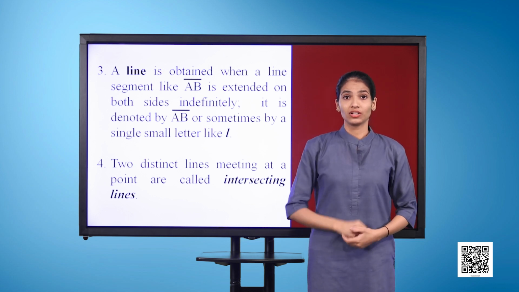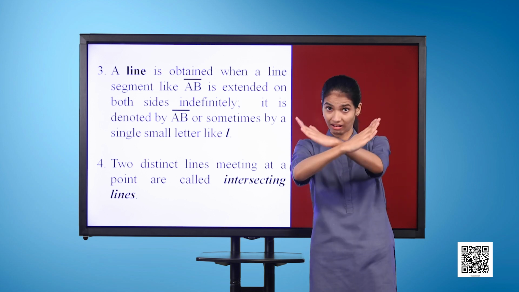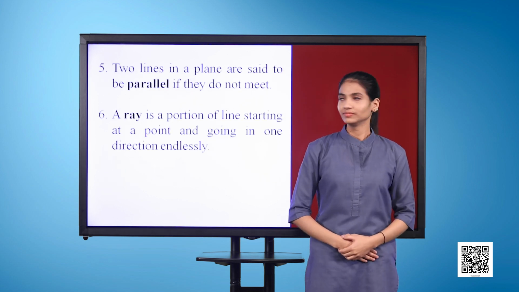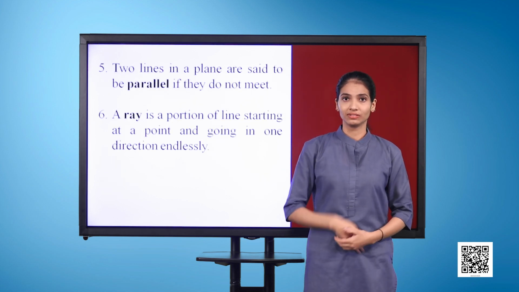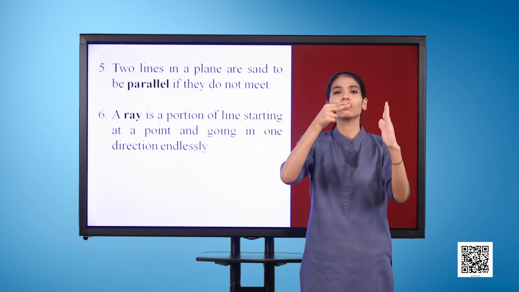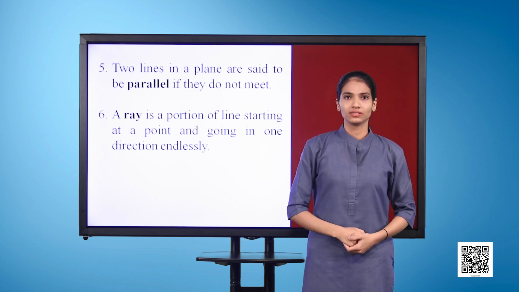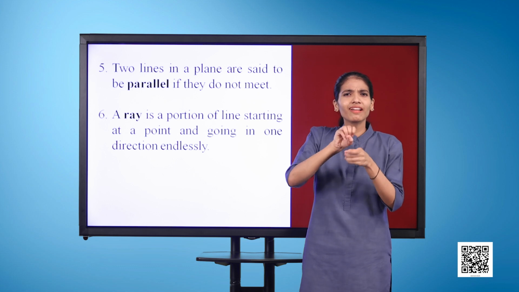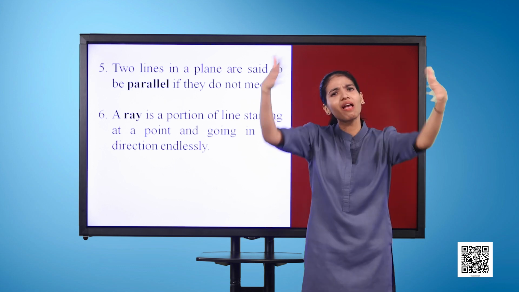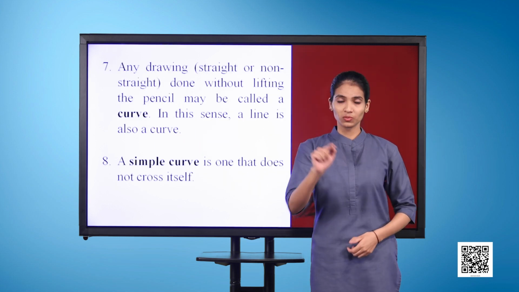4. 2 distinct lines meeting at a point are called intersecting lines. 5. 2 lines in a plane are said to be parallel if they do not meet. 6. A ray is a portion of a line starting at a point and going in one direction endlessly. 7.